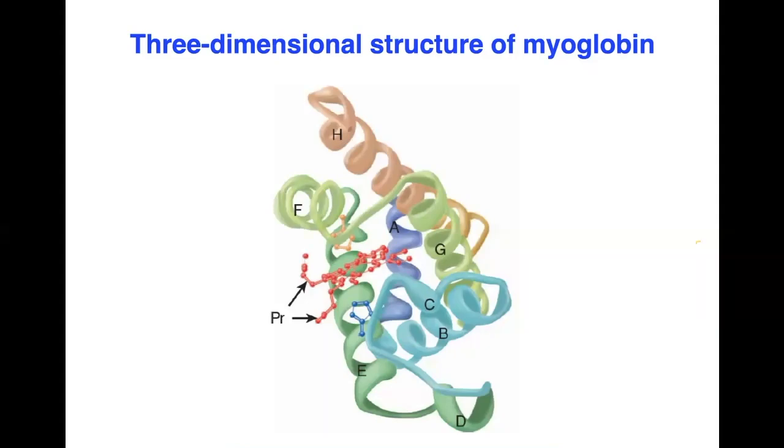If you notice there, there are letters A, B, C, D, E, F, G, and H. So as you notice, there are 8 alpha helices in your myoglobin. This is the 3-dimensional structure of your myoglobin.